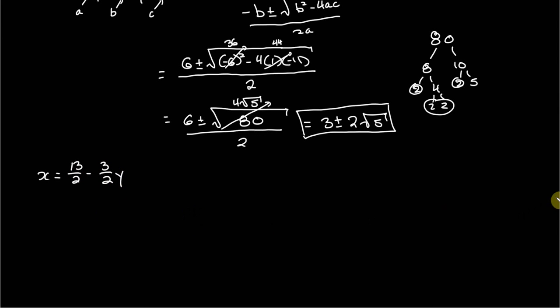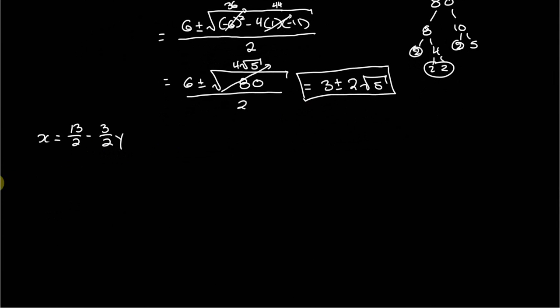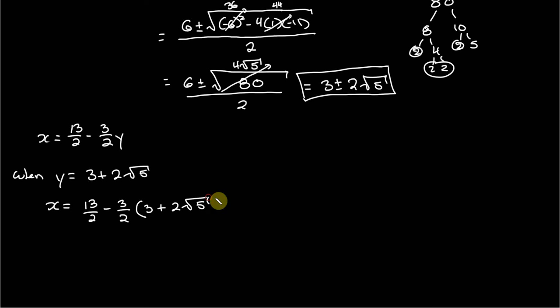Now, when y equals 3 plus 2 root 5, x equals, so now we're finding the corresponding x value, so it's going to be 13 over 2 minus 3 over 2, and now we know y equals all of this, so 3 over 2 times 3 plus 2 root 5.